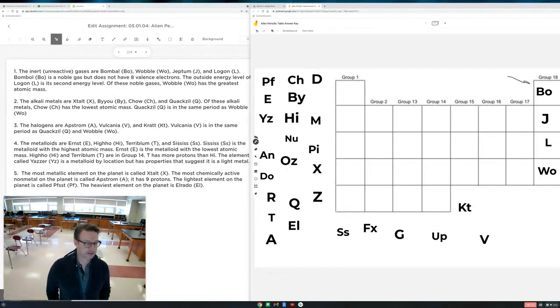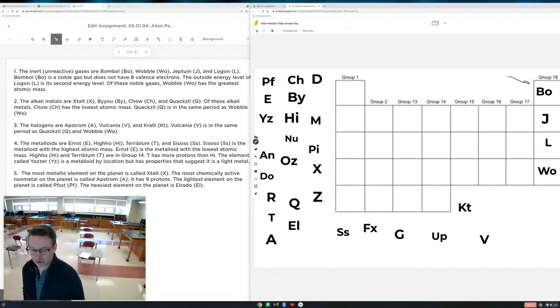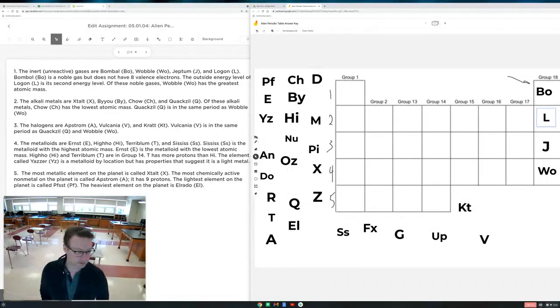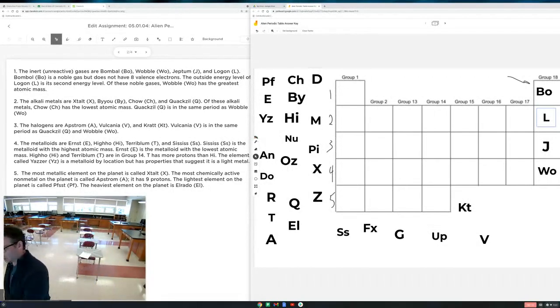And then it says L has its outermost electrons in the second energy level, which means that L belongs in the second row. So if we put the row numbers here, these are the energy levels. So L actually belongs in the second row. So I'm going to rearrange those for the moment. And WO, wobble, has the highest atomic mass, so that means wobble belongs at the bottom, which is where it is.